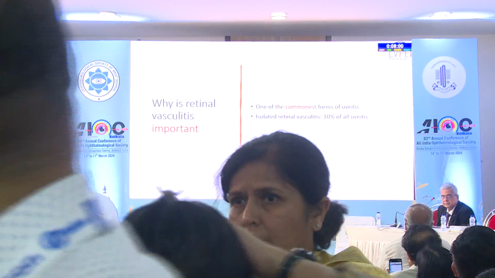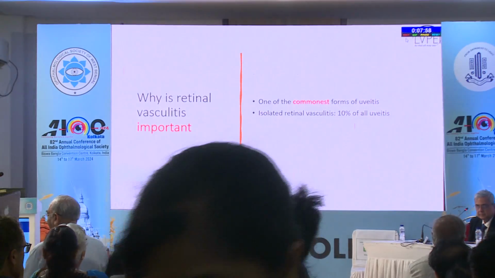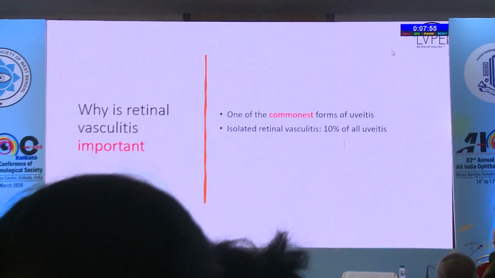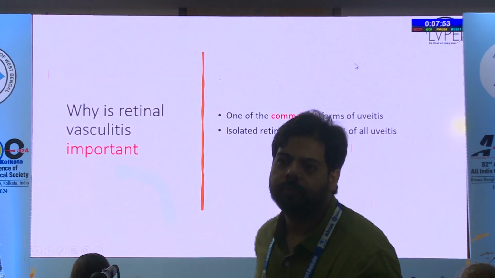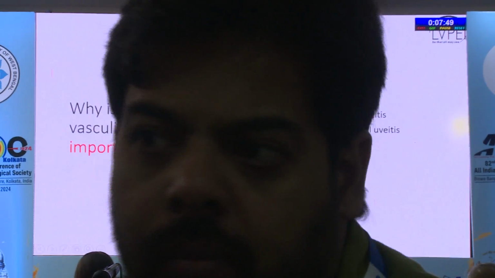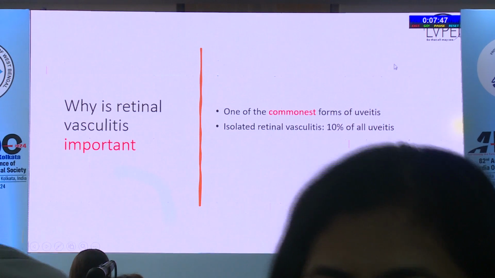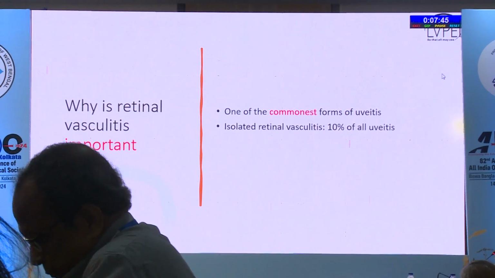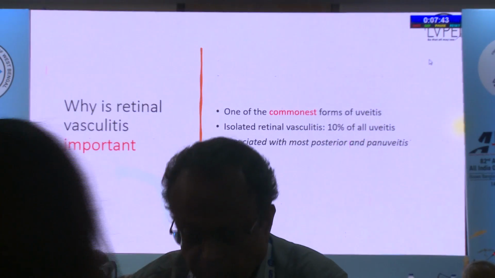So why is retinal vasculitis so important? It's one of the commonest forms of uveitis. Up to 10% of all uveitis that we see in our clinics are primary retinal vasculitis, and a substantial number of other uveitis entities also have a secondary retinal vasculitis. So it's a very common entity.